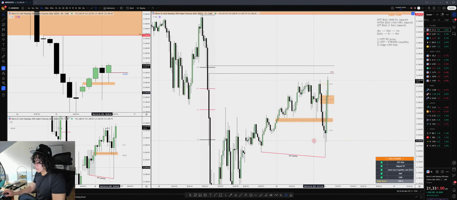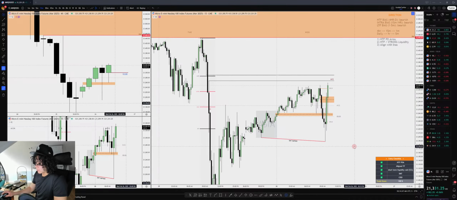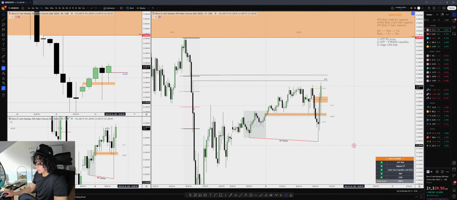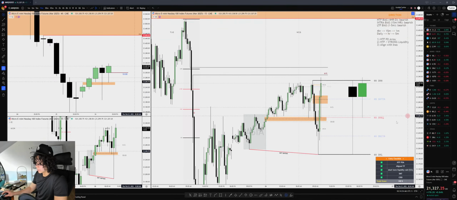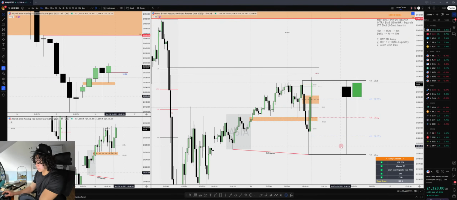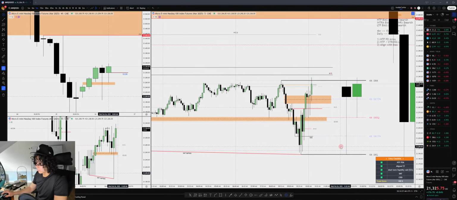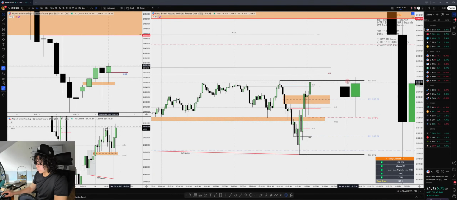I mean, drawing liquidity and target was very obvious, but in terms of delivery there, it wasn't so obvious. It was just pretty bad. But yeah, we took out the previous 4-hour high.